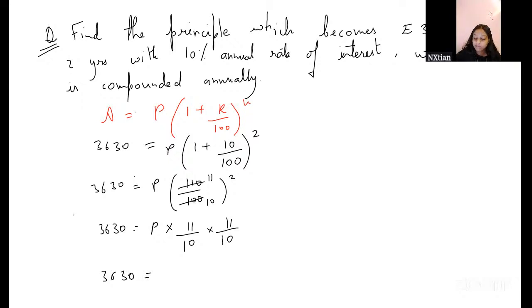Multiply. Now we will take the P on the left side and bring 3630 to the right side. This is that step. Yes, Cedric, reciprocal, yes, we take the reciprocal. Now you can cancel and find out the answer.